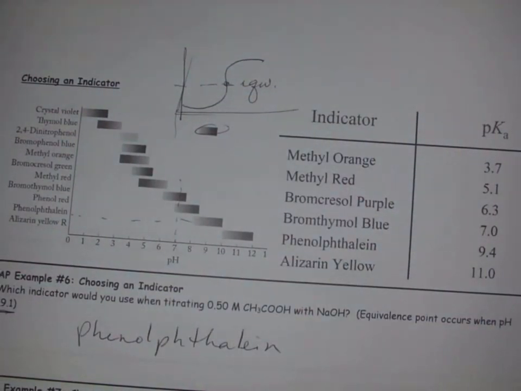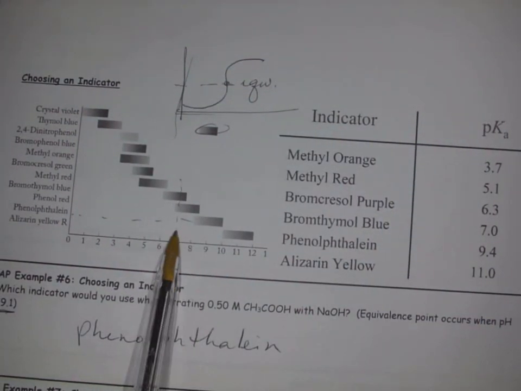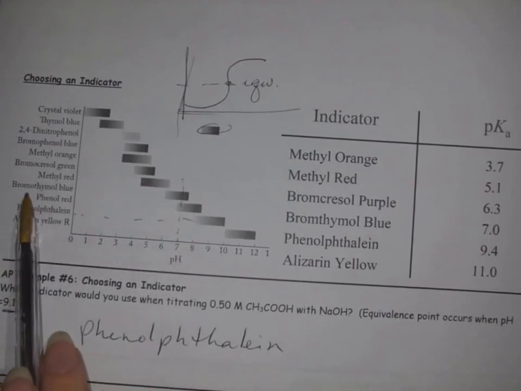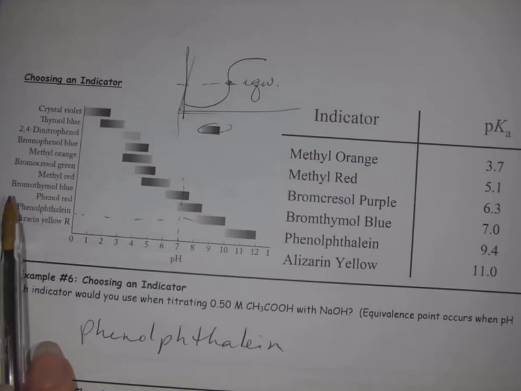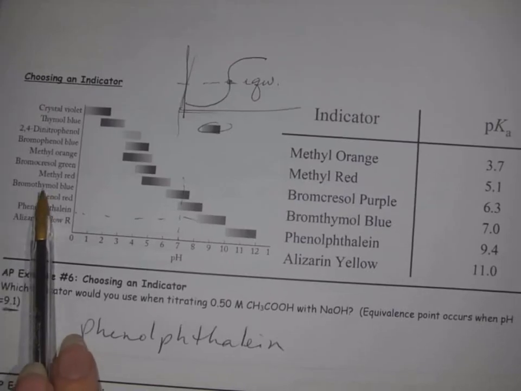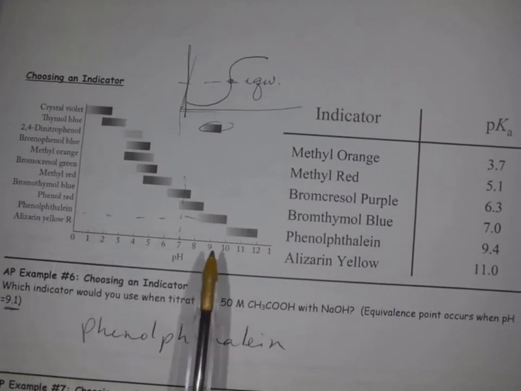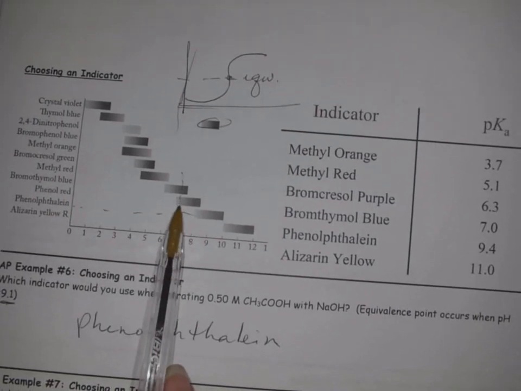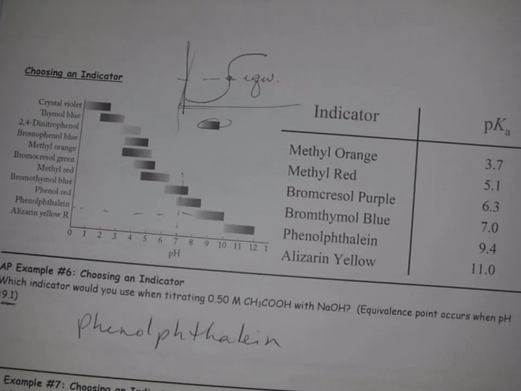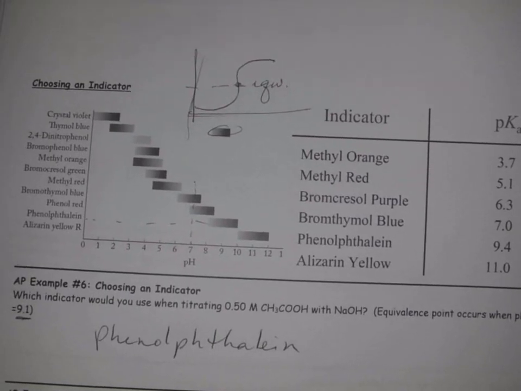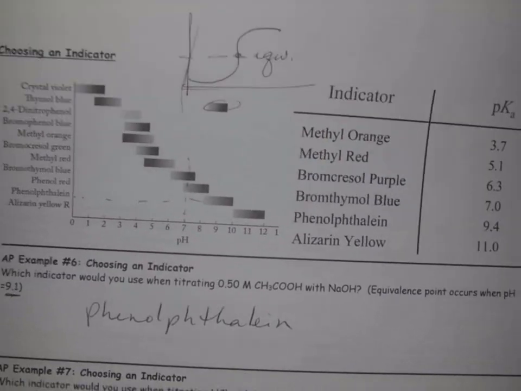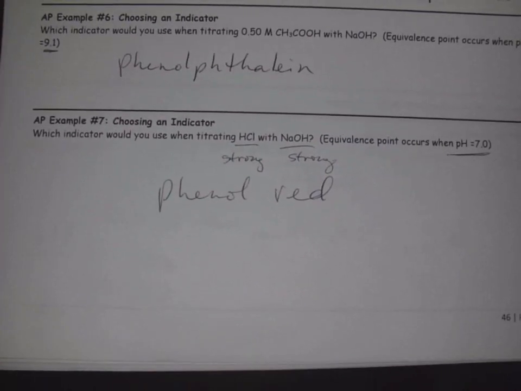So we got 2 good options there. We could either do the phenol red or the bromothymol blue. But I think I would prefer the phenol red because that's where we very first start seeing a color change. So I think that would be our better option on this one.